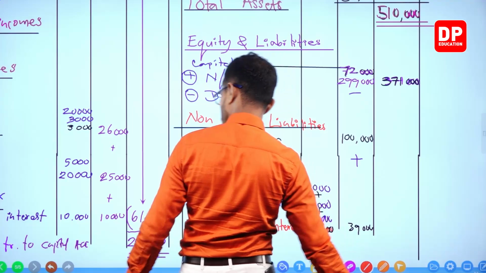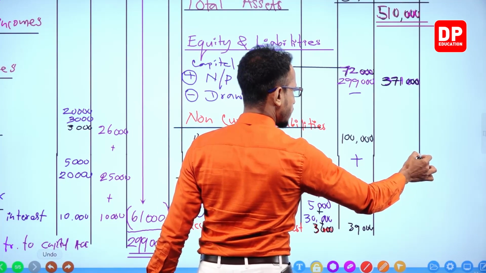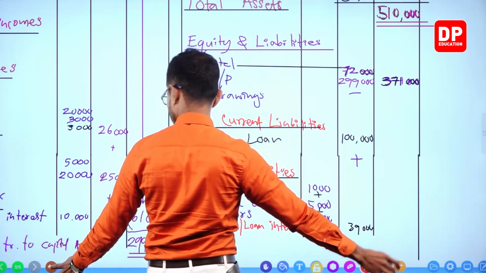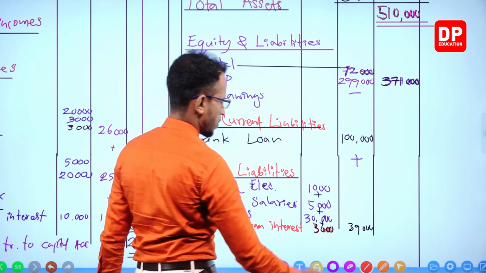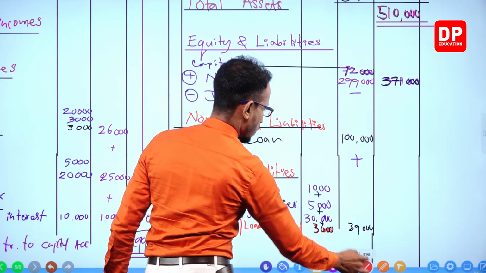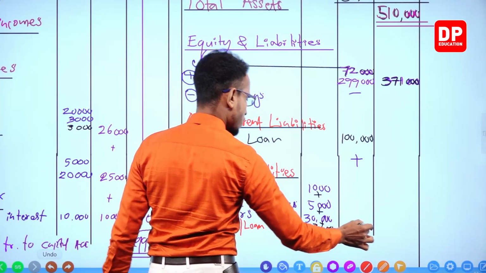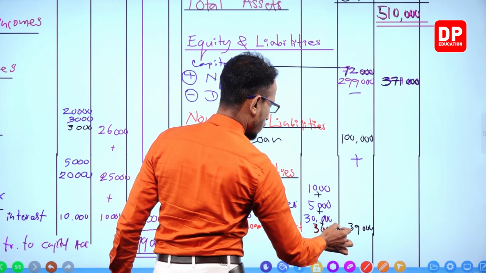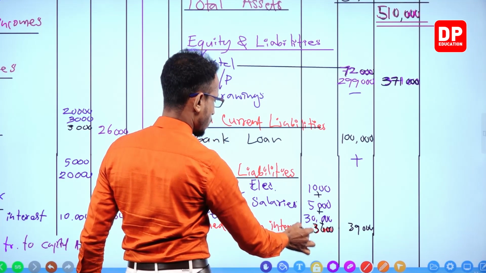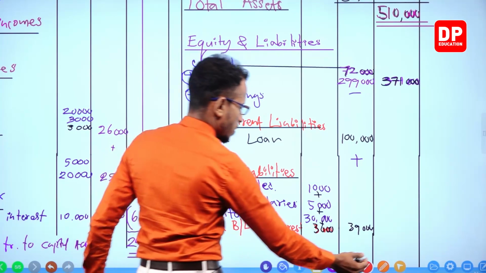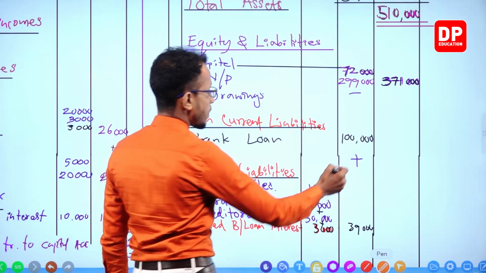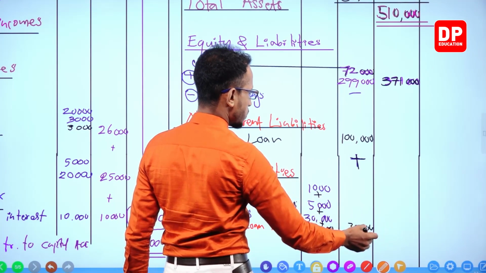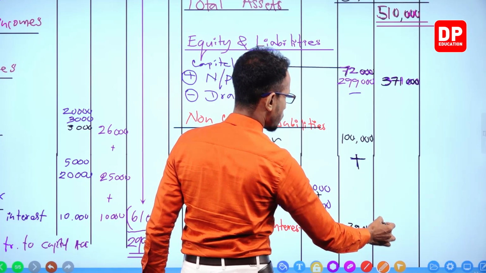Get this line down, extend it. 39,000 is the current liabilities total plus non-current liabilities. We get 139,000.